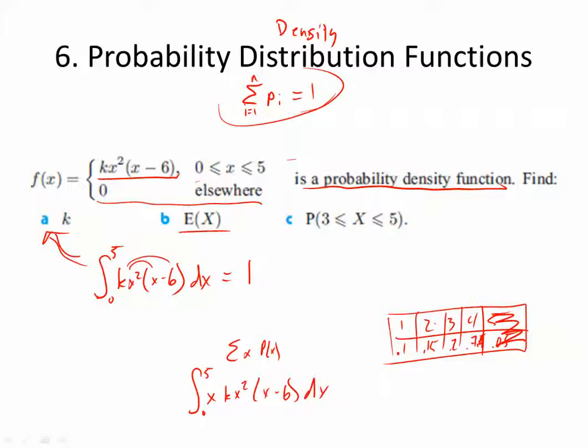Of course, by now you know what k is because you found it in part a, so you can put in the k, make the x cubed, distribute it, and then you should be able to finish off the question. So that's the idea that you can use integrals when it is a probability density function, to show that they add up to 1.